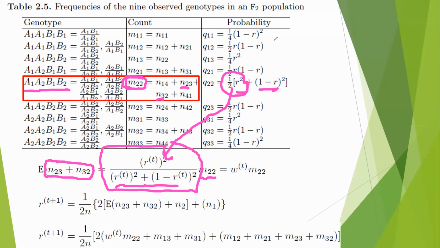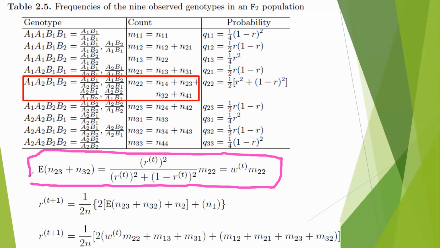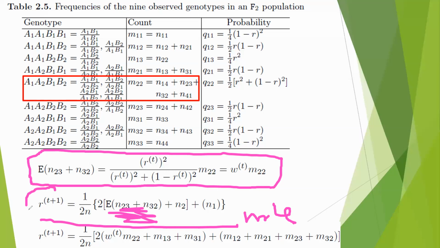Any questions here? So we can easily calculate the expectation of these two missing data. And once we have this, we can use the beautiful MLE, and plug in these two expected values for the missing values here. Then we get the updated R value in one iterative step.